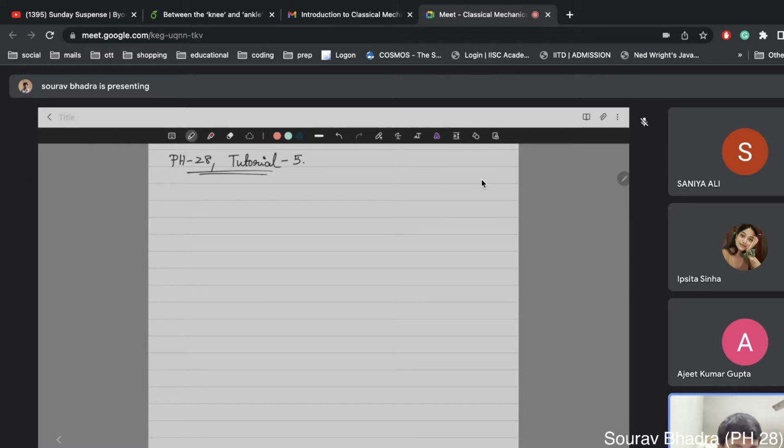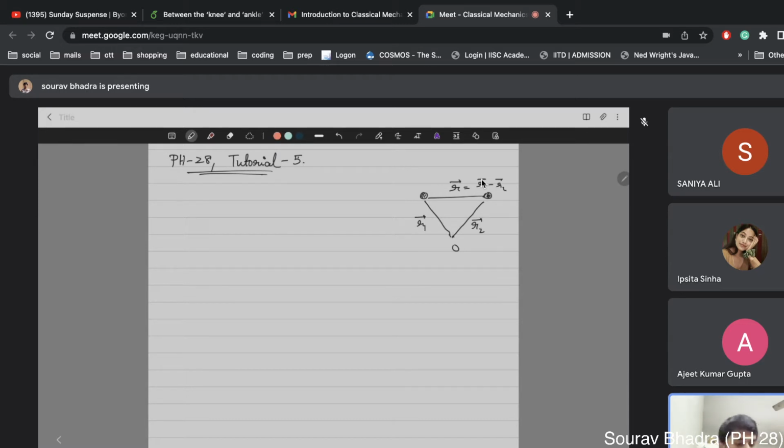First we will do something related to the central force. As you have already seen in the lecture, if I have two different masses separated by a distance r, where r is actually r1 minus r2, and O is my point of observation, then this is the r1 vector, this is the r2 vector.